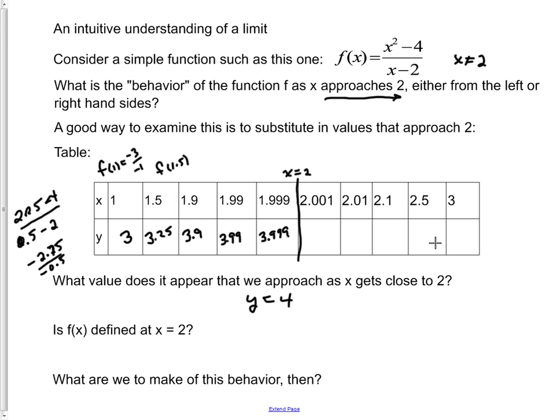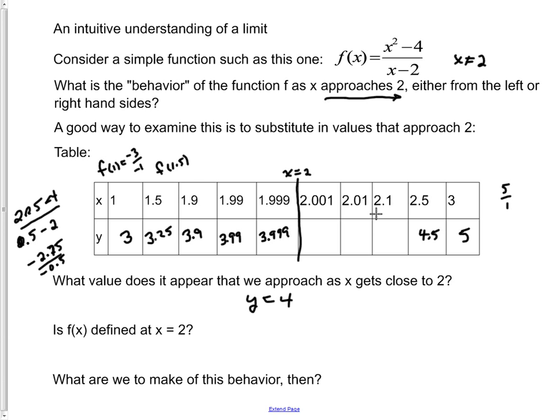Let's see if that's the same behavior from the right. What happens if we put in 3? Well, f of 3, that's 9 minus 4, 5, divided by 3 minus 2, that's 5. A little bit of a different number. What happens at 2.5? 2.5 squared minus 4 over 2.5 minus 2 is going to be 4.5.